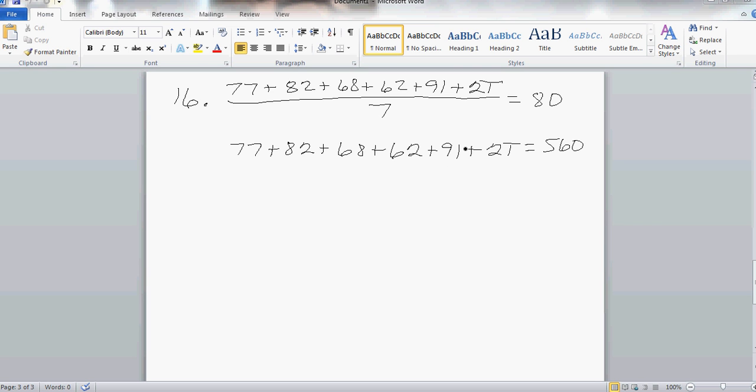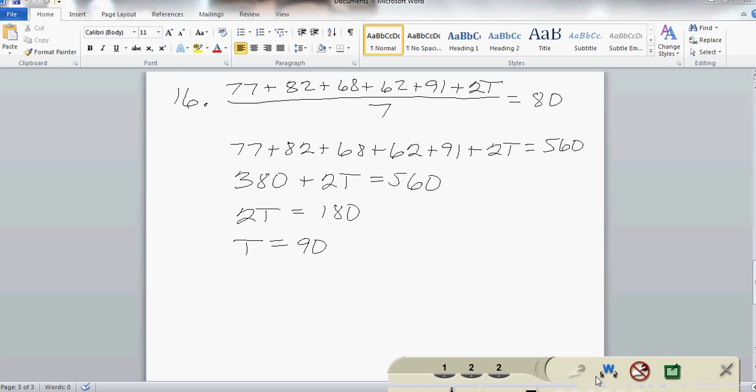Add all of these like terms right here, and that becomes 380 plus 2t equals 560. Subtract 380 from both sides, so that 2t equals 180, and divide both sides by 2 so that t equals 90. And so what does she need to get on the final exam? She needs to get a 90%.